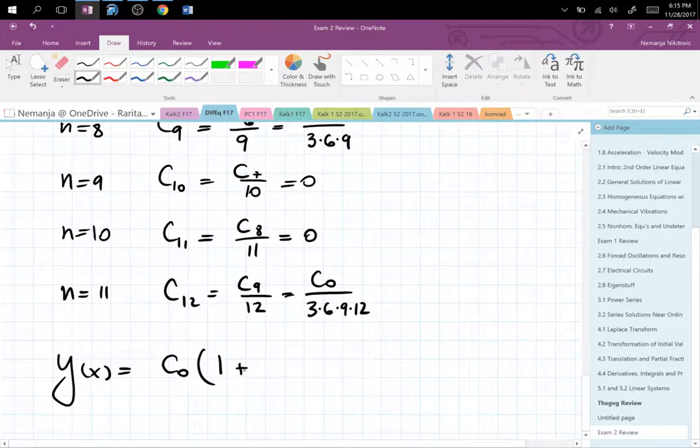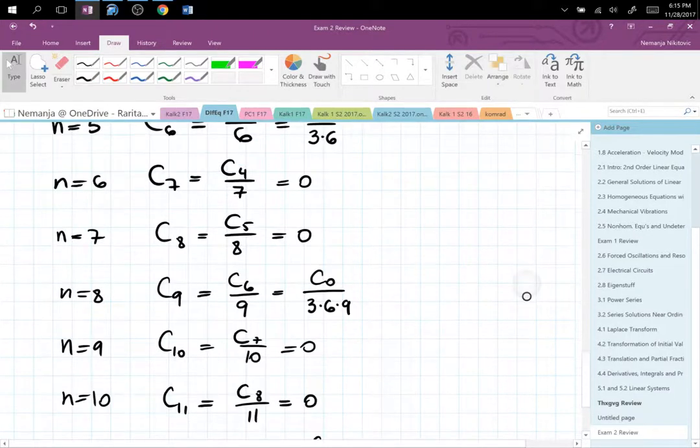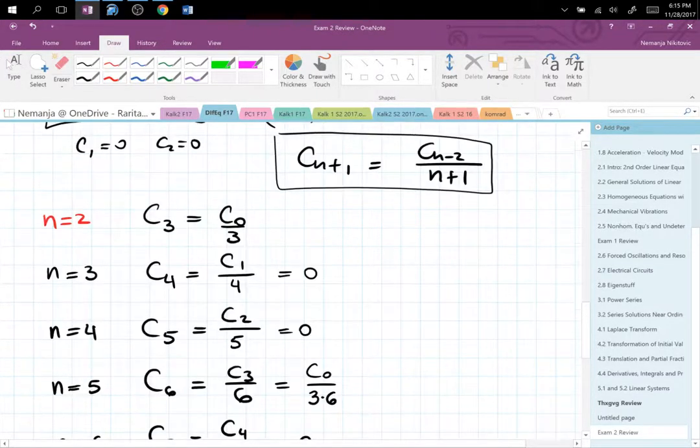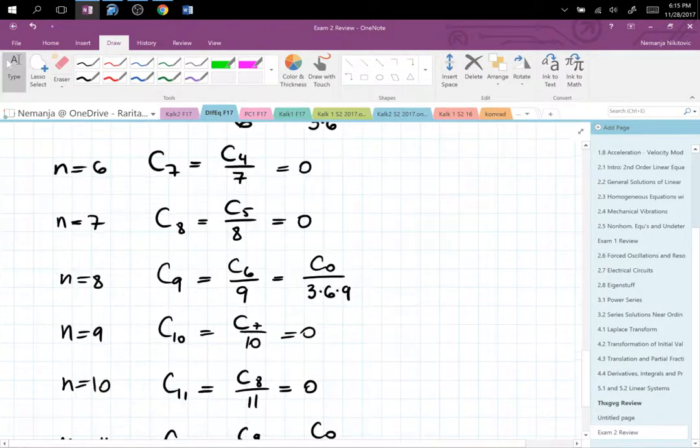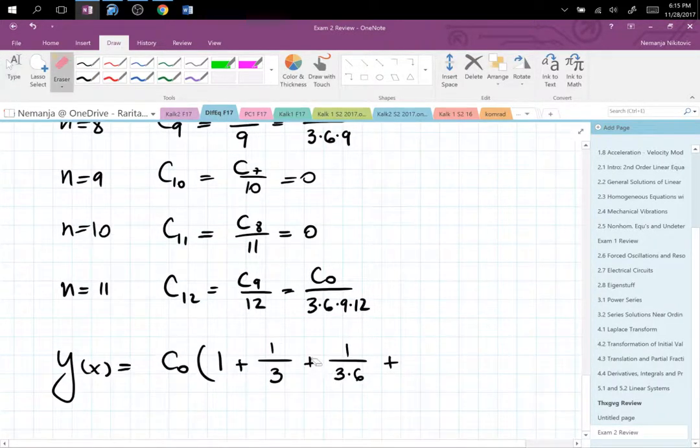And then plus, the next one is 1 over 3, plus 1 over 3 times 6. Is it 1 over 3 first? Yeah, C0 over 3. Oh, I forgot x's. Sheesh. I forgot x's.